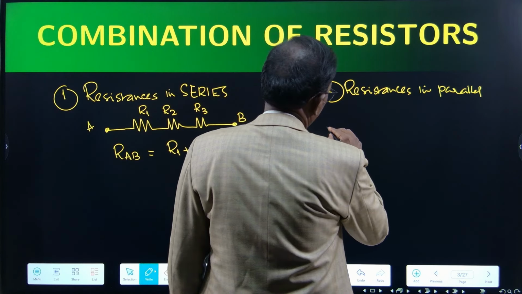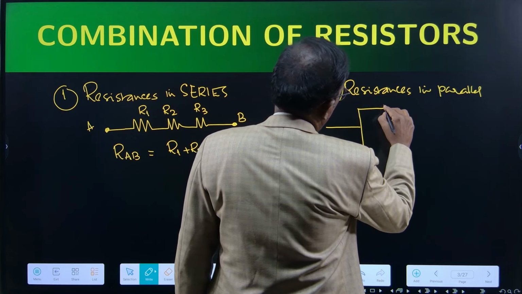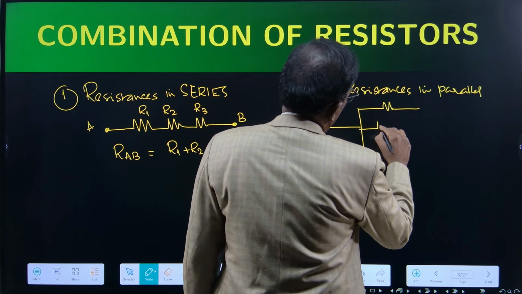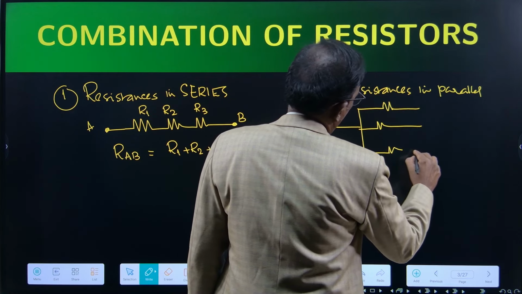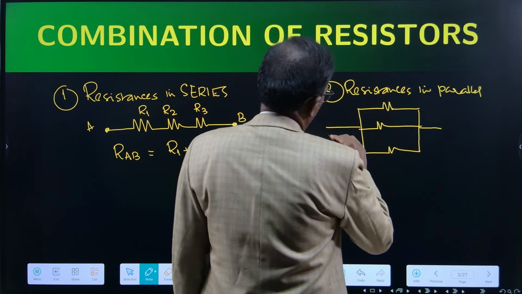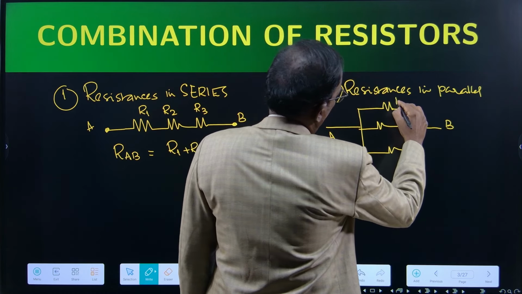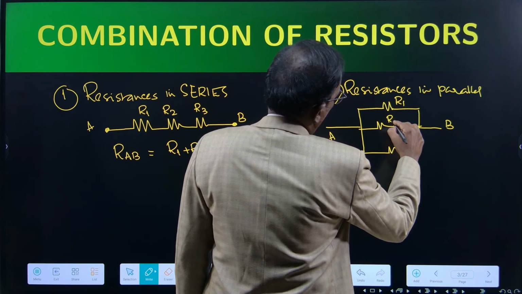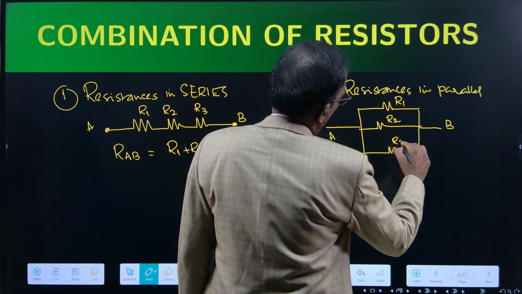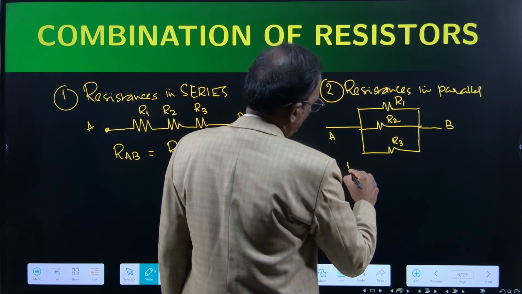Similarly, if three resistors are in parallel between two terminals A and B, again let me write them as R1, R2, R3.